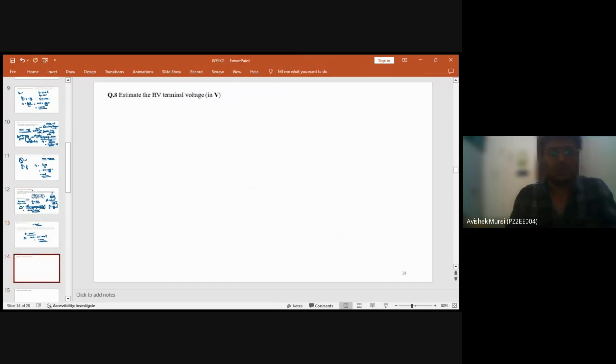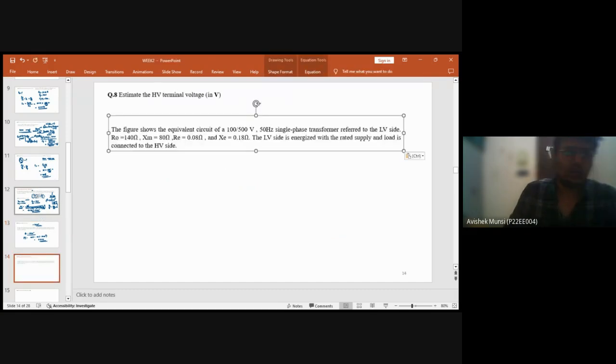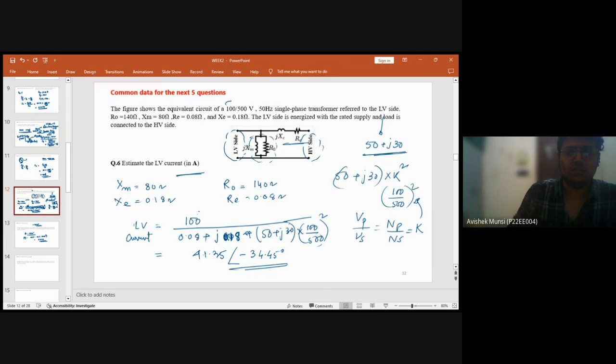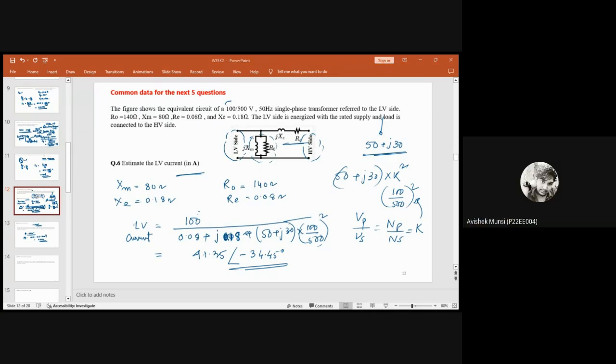I'm copying the data for you all. First check whether this is correct or not. When it is correct, I will also solve it. So try to solve it and check that it is correct. Then tell me.